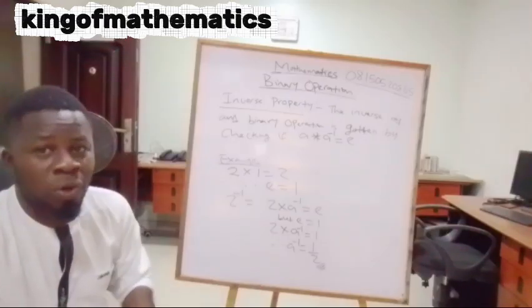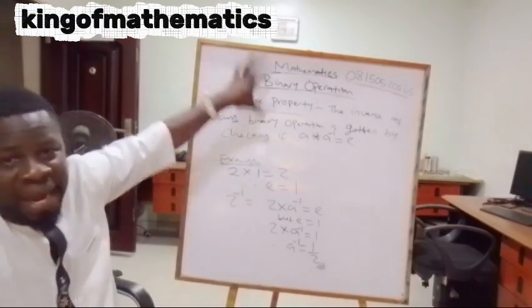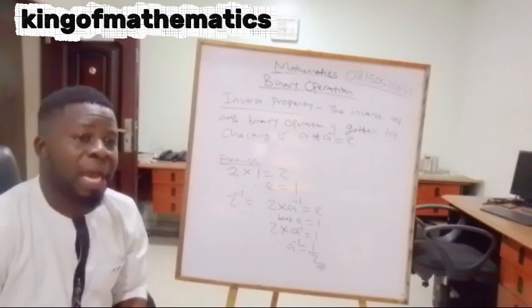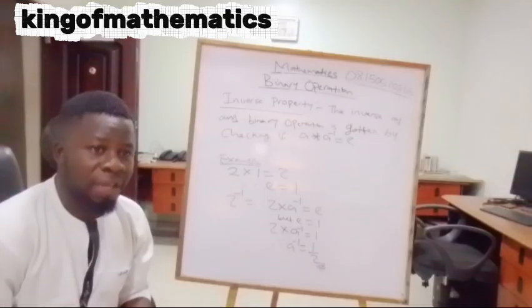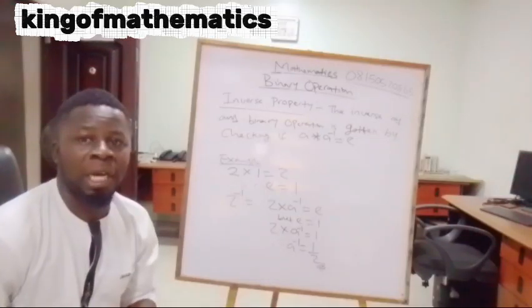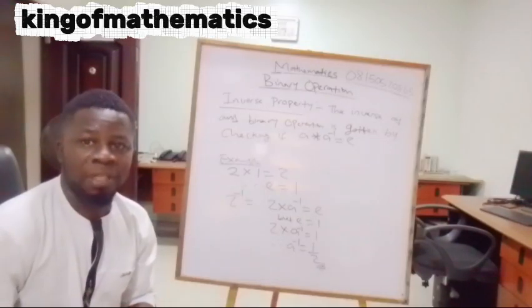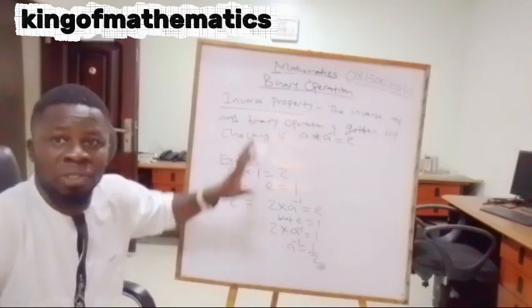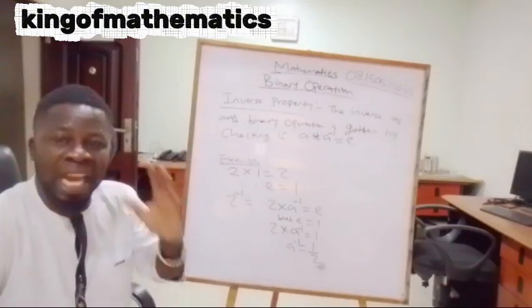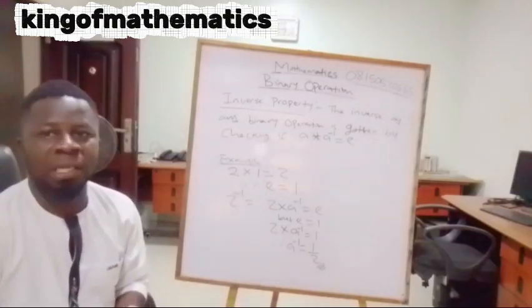In part 2, we'll solve questions on binary operation, where you can be asked to find the inverse, find the identity element, check if it's closed, commutative, associative, or distributive. So this is part 1. It's all about the foundation that you need for your binary operation.